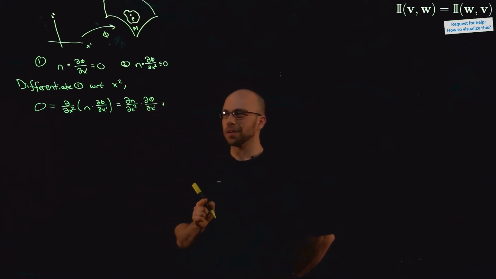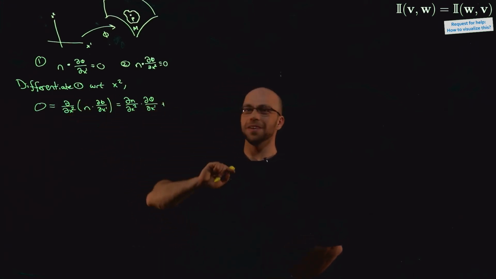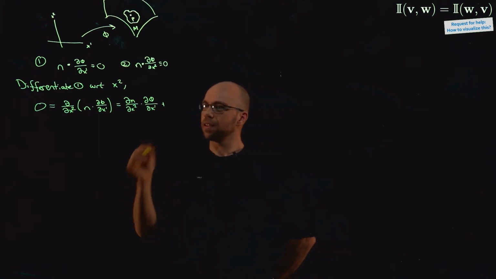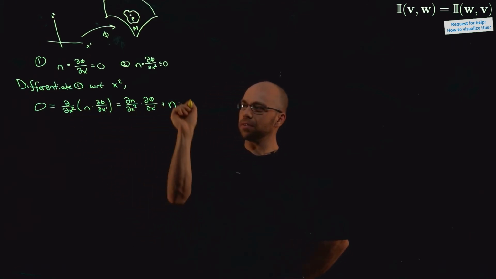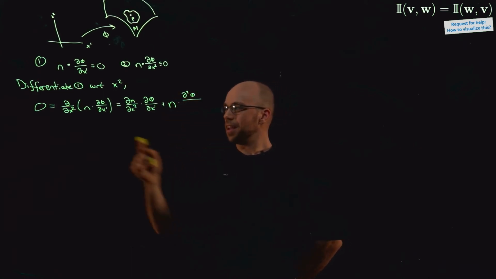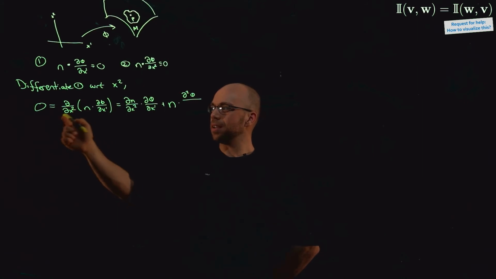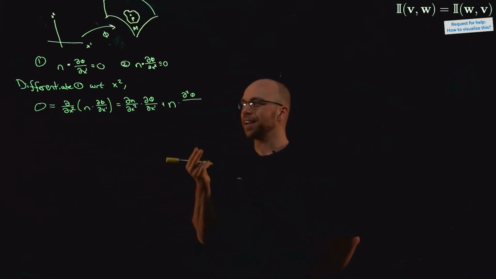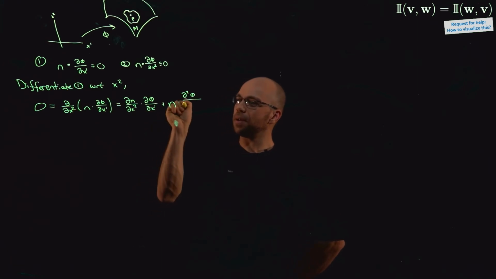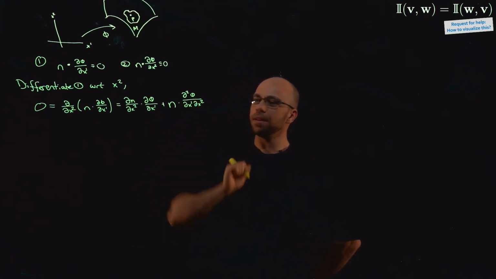Now we can add a second term, where we apply the derivative to the second part. So we're going to get plus n dot. Now we have two derivatives, right? So we're going to d squared phi, and one of our derivatives is with respect to x1, and one of them is with respect to x2. And remember, the derivatives commute, so I can put either guy first. So I'm just going to write dx1 dx2. We'll keep things in order.